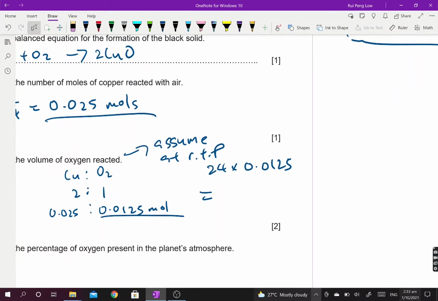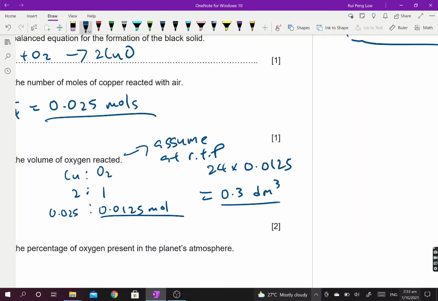So 1 mole of any gas will occupy 24 dm cube of volume at room temperature. So 0.0125 times 24 gives 0.3 dm cube.